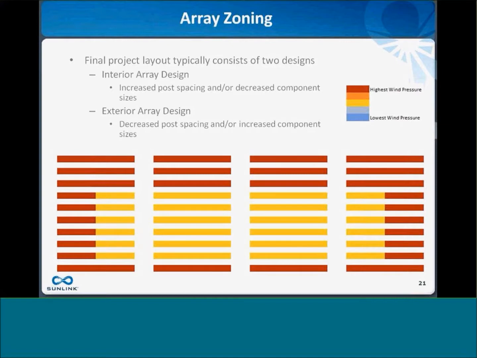And what we tend to see is that by distilling this down into two designs, rather than maintaining all of the different zones and having a different design for each zone, we're able to achieve more volume pricing and a more streamlined installation by not having so many different component sizes, and just two.